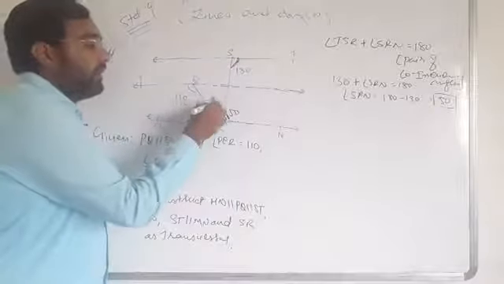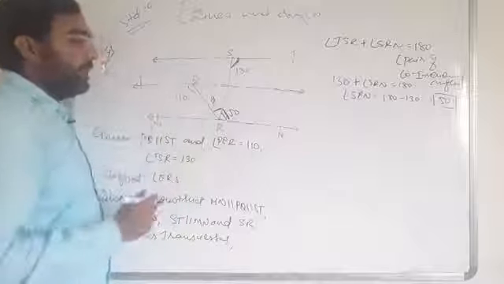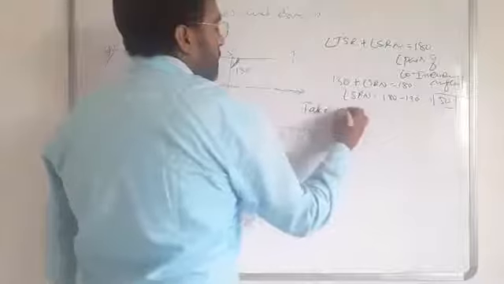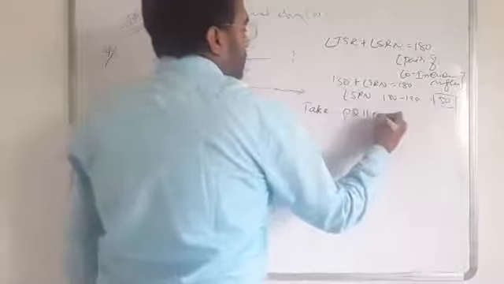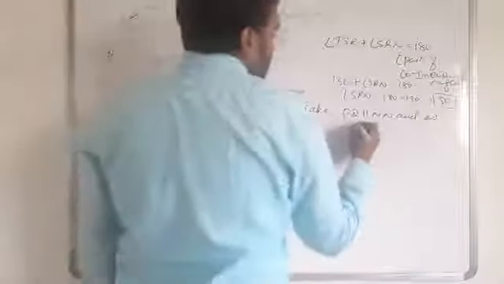Now we have to find this angle also. Now we take PQ parallel to MN and QR as a transversal.